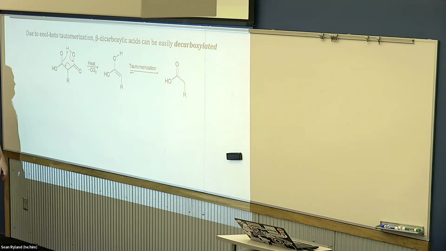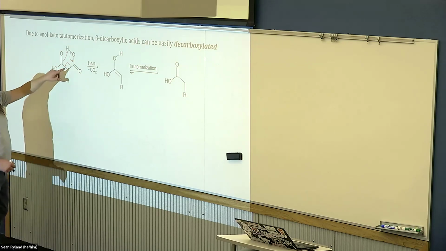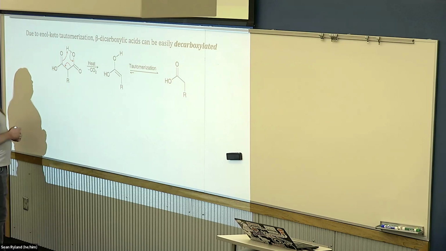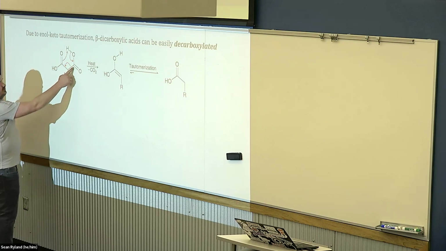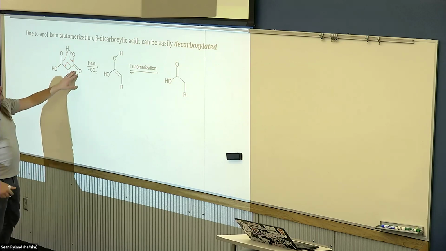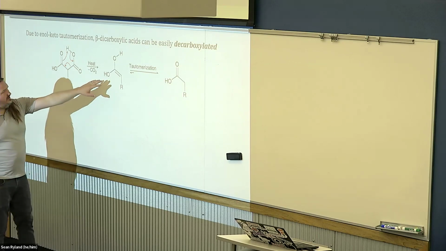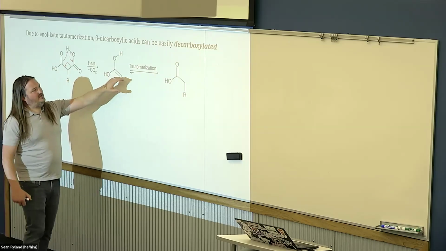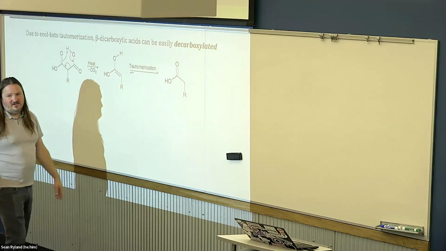It's still a beta dicarboxylic acid, and you can effectively break the sigma bond between the carbon and the acid group and make CO2. Then you wind up with the enol, so then it rearranges itself back to being a carboxylic acid.